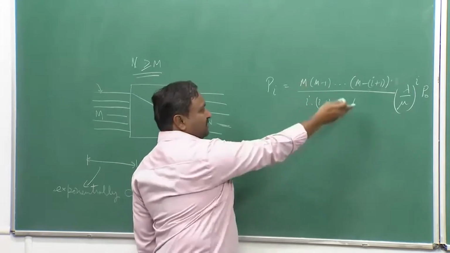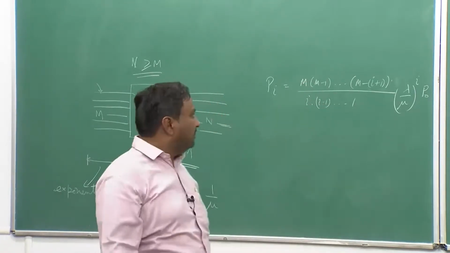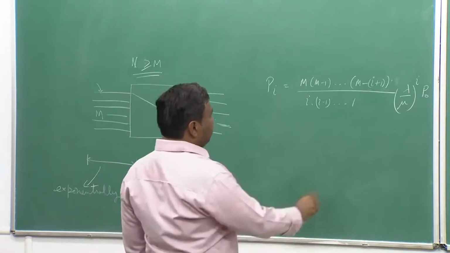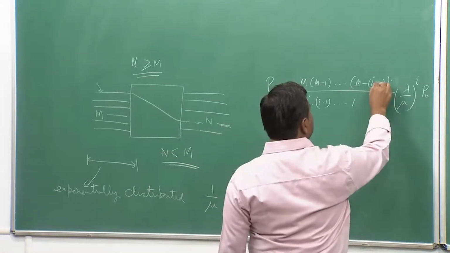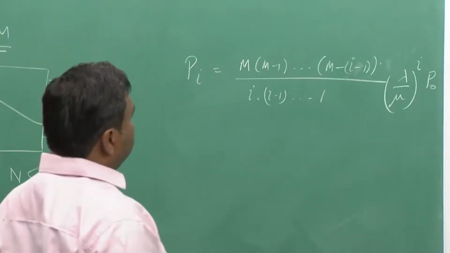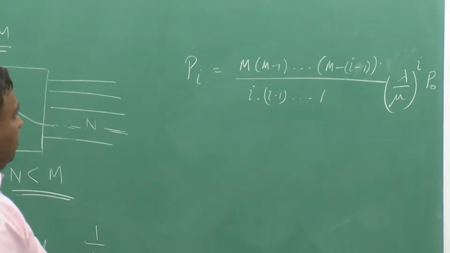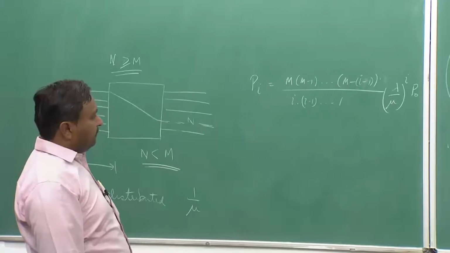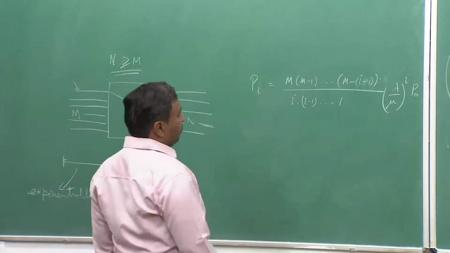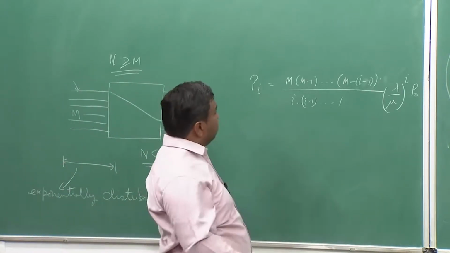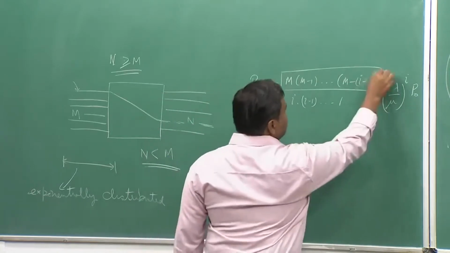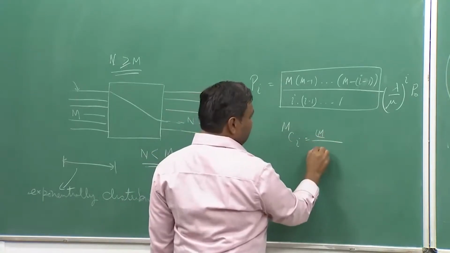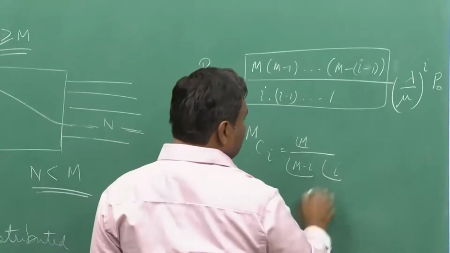Now what is this expression? So, this particular expression is nothing but a combinatorial, it is MCI, m factorial over m minus I factorial and I factorial.